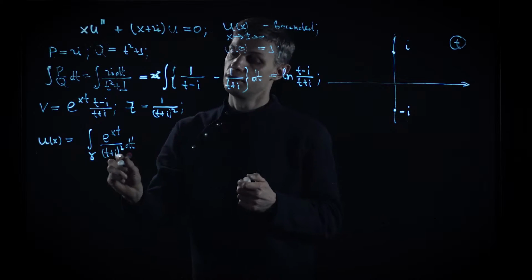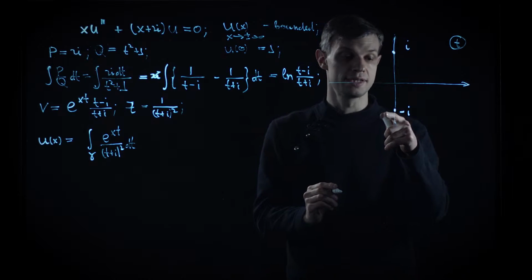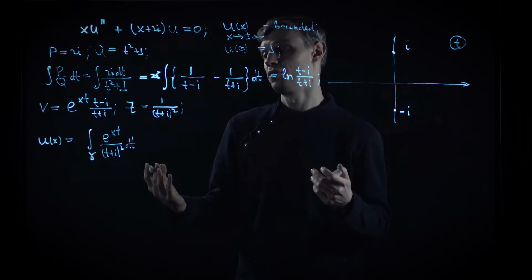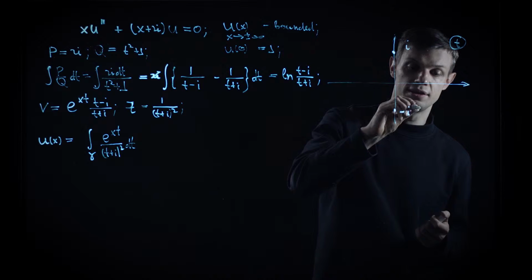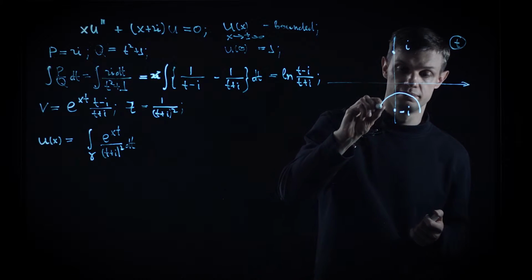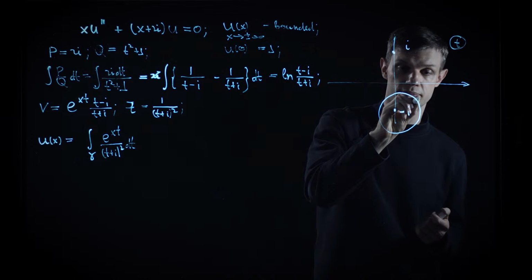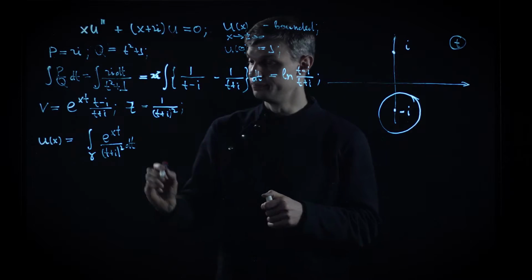The integrand only has the pole, a second order pole at the point t equals minus i. So one of the possible choices of the contour is clear. It's simply the closed loop around the pole. And immediately we find the exact solution.